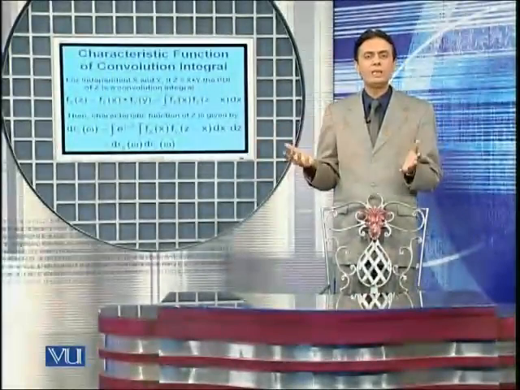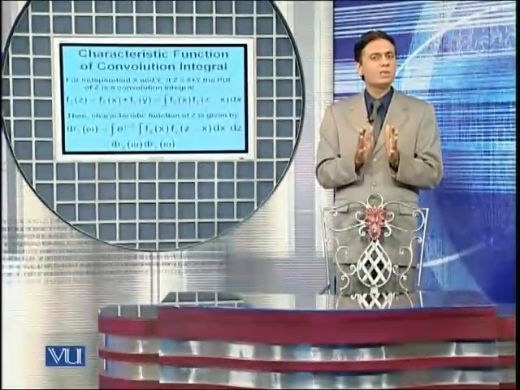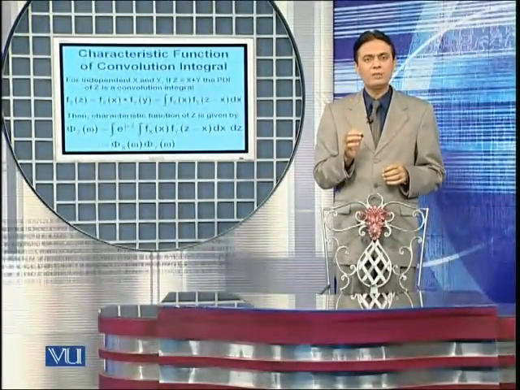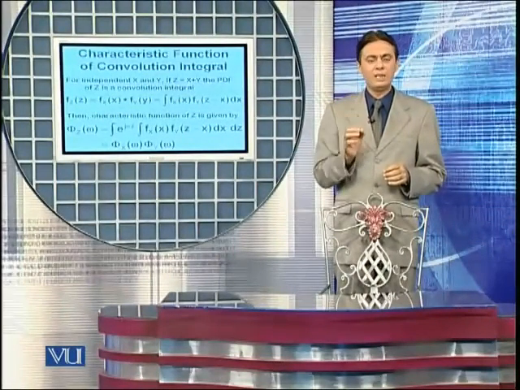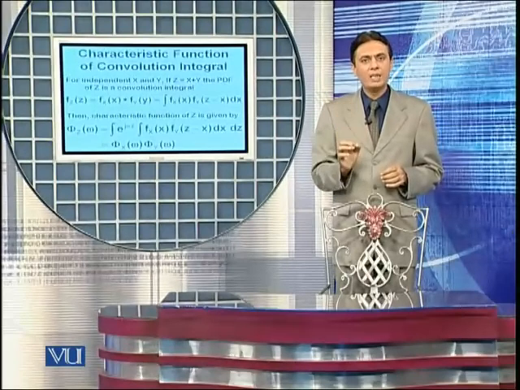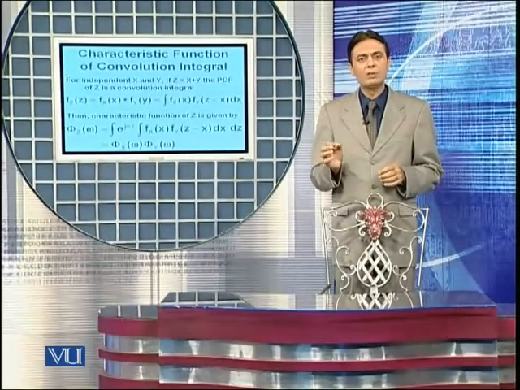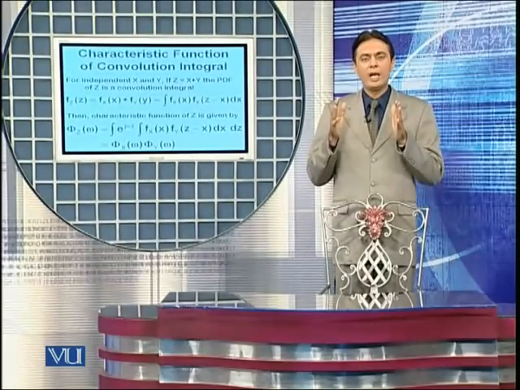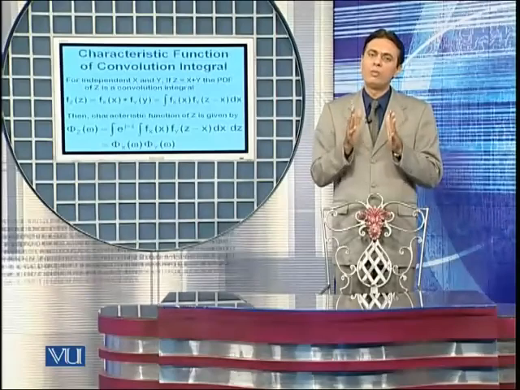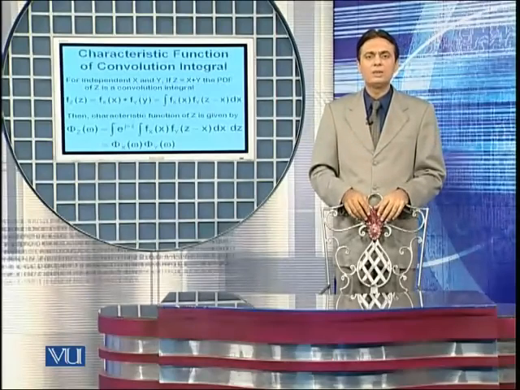And if they are identically distributed, their characteristic functions will be the same. Hence, the characteristic function of a random variable defined as the sum of n IID random variables is equal to the nth power of the characteristic function of one of the random variables used in the addition.